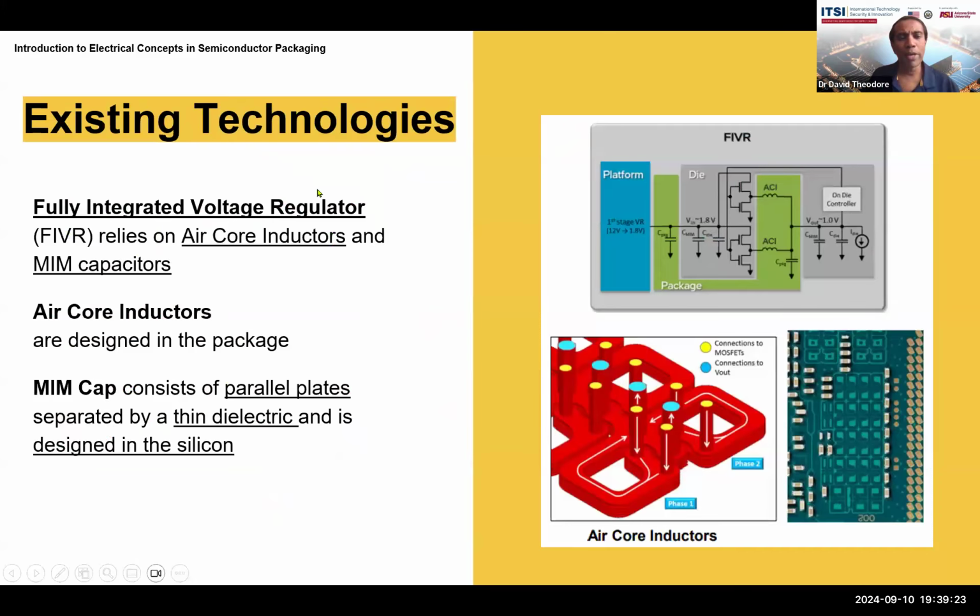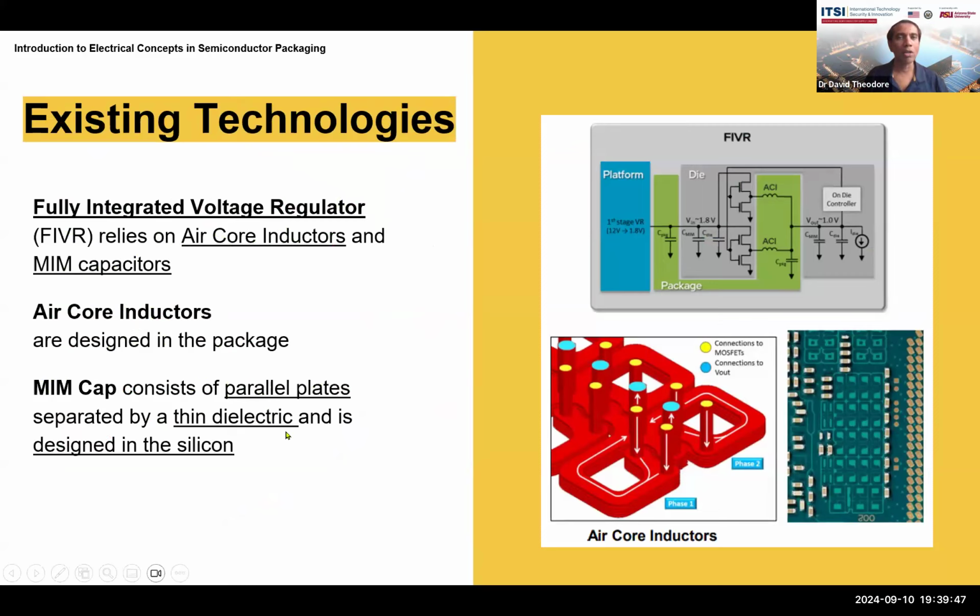So the fully integrated voltage regulator, like we talked about on one of the Intel chips, relies on air core inductors and MIM capacitors. We talked about MIM capacitors, metal insulator metal capacitors. The air core inductors in this case are designed in the package. The MIM capacitor consists of parallel plates of metal separated by a thin dielectric.